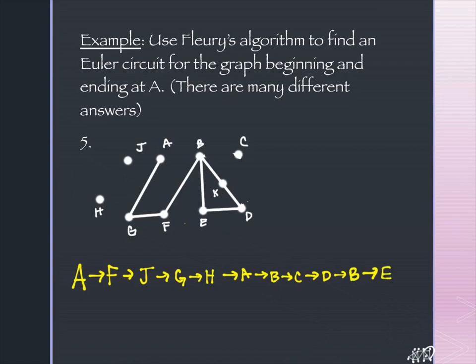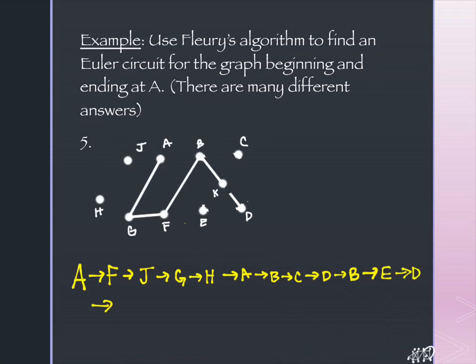E? Okay, so now I've got this one removed. It won't do that. Forgot. All right, E has to go to D because there's no choices. So E to D. D will have no choices then.